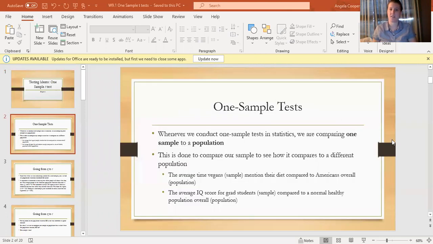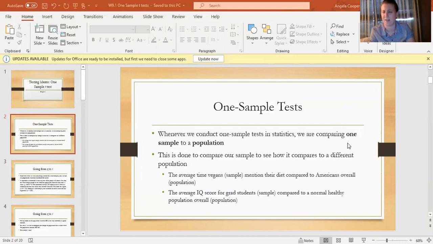So to start off, when we talked about one sample tests in general, be it Z or T, up to this point we've really learned about Z tests. Keep in mind that we're comparing one sample to a population. Remember our example of 100 vegans, and we measured how often they mentioned their diet: 15.5 times on average, in comparison to the population of overall Americans who mentioned their diet an average of 14 times with a standard deviation of 6.